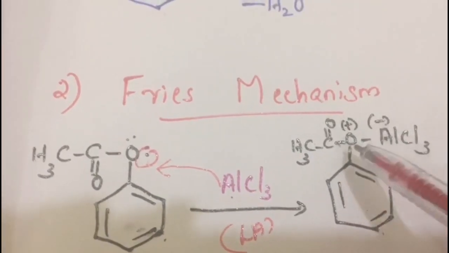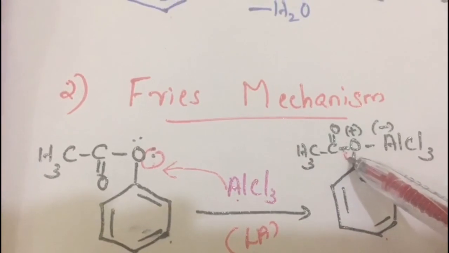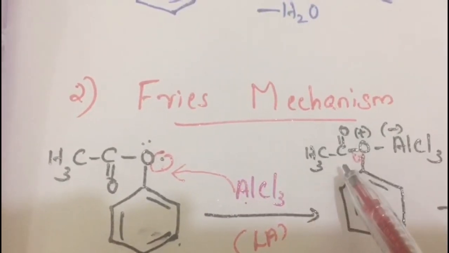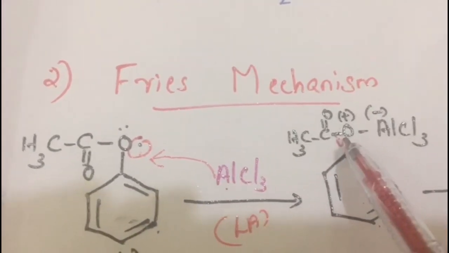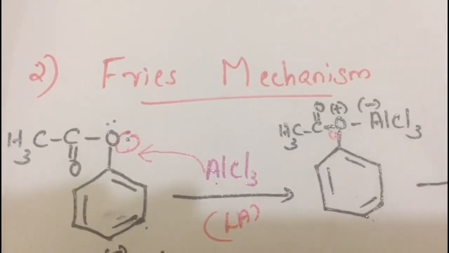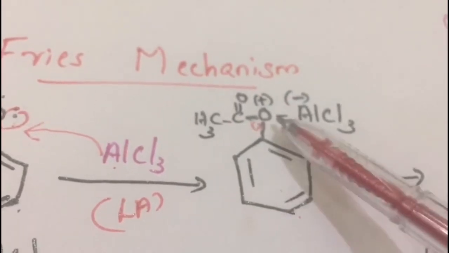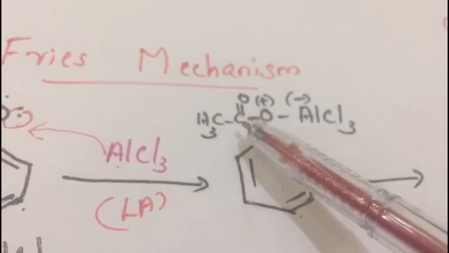This COCH3 bond is broken and gives electrons to this oxygen, and COCH3 leaves as COCH3 plus ion. So this oxygen acquires electrons and retains its two lone pairs. Hence the product will be C6H5O AlCl3 minus plus CH3CO plus.